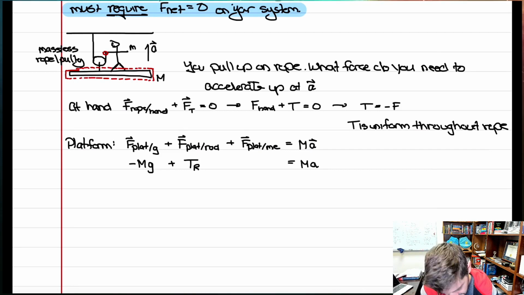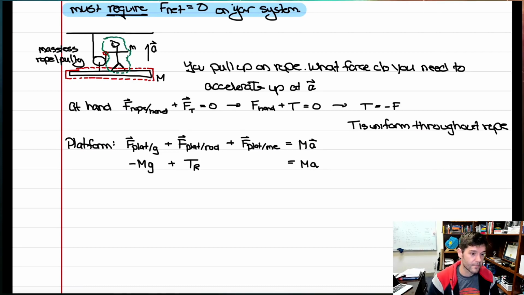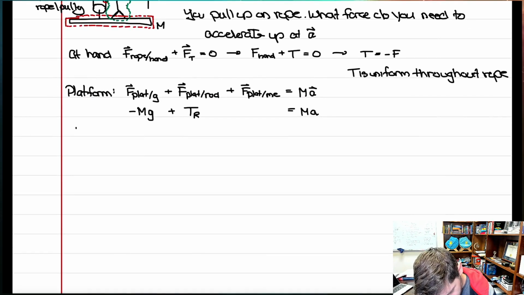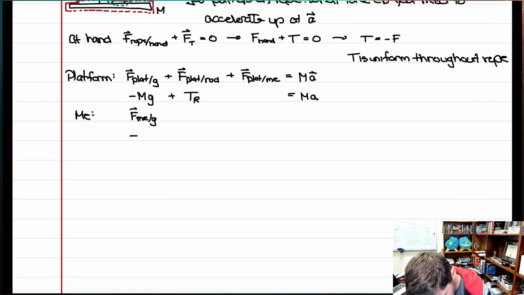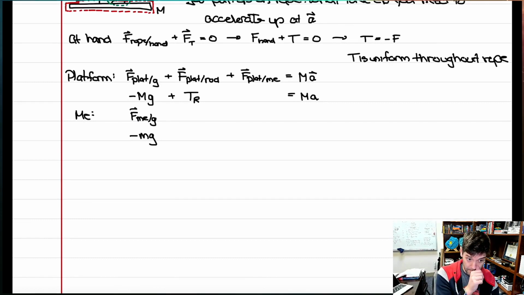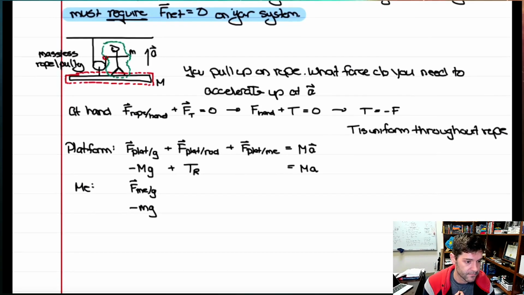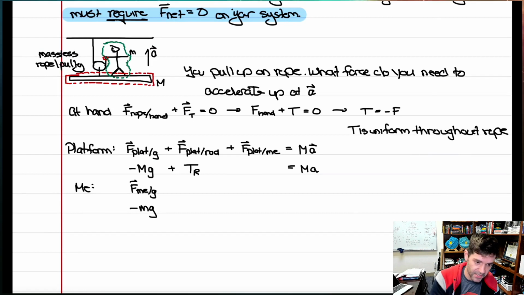All right, new system. How about me? In this case, I have some mass, so I expect on me from gravity, which again I expect to be negative little mg. I am touching the rope. And we've just talked about how I'm exerting a force, F hand we called it, on the rope.